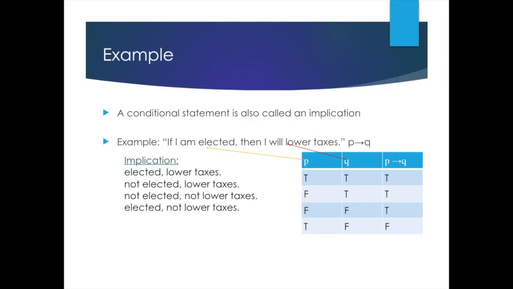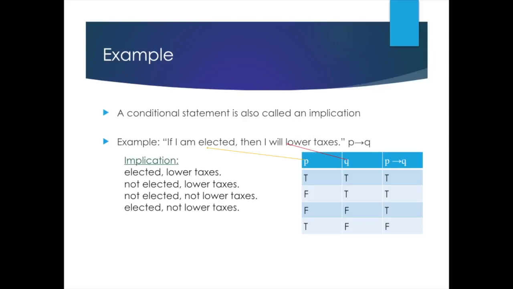So look at the example: if I am elected, then I will lower taxes. So we have P, which is pointing to the first statement. P only stands for "if I am elected." Now Q is the other part, which is basically "I will lower taxes." Now let us take the truth table of them.